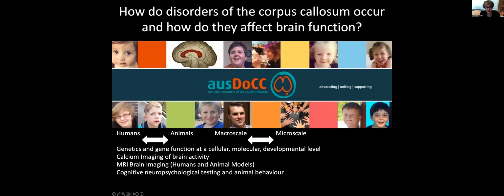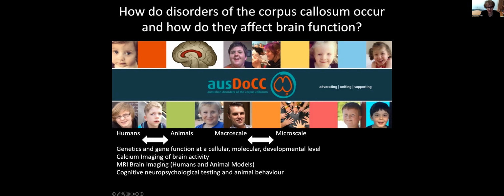So we're very interested in how disorders of the corpus callosum occur and how they affect brain function. So to really get at the underlying mechanisms, we work in animals, but we also work with people that have corpus callosum disorders. And we go all the way from the micro scale, trying to understand the genes and gene function at a cellular and molecular and developmental level.